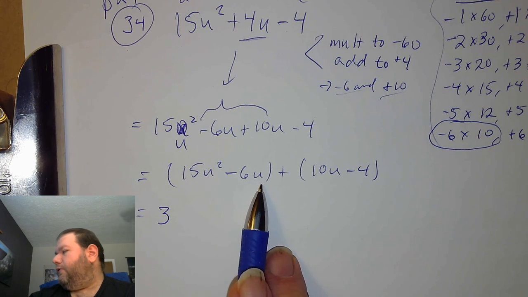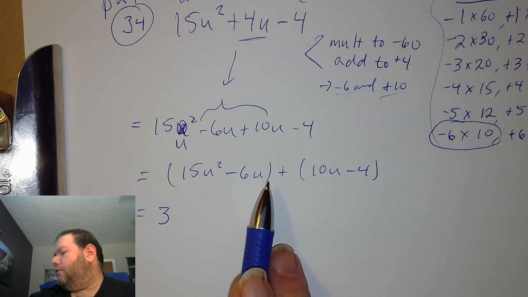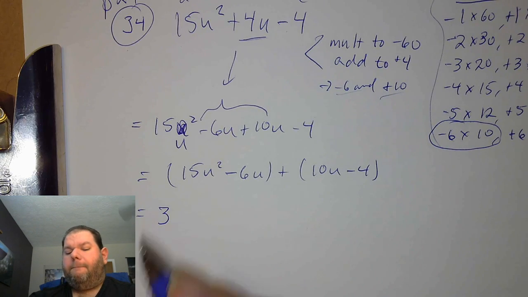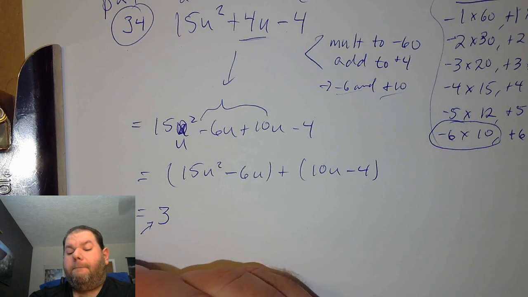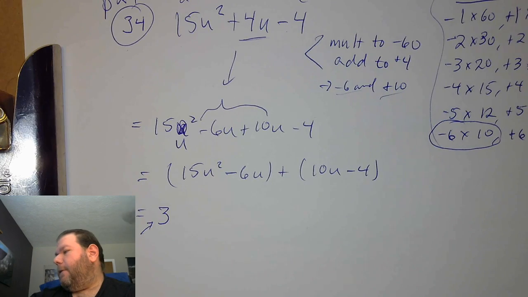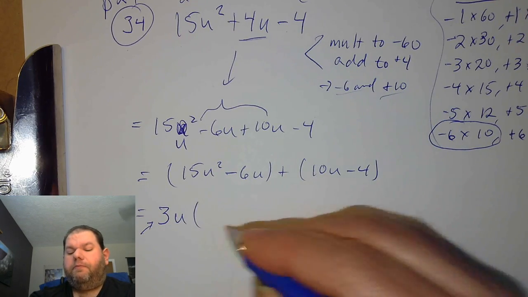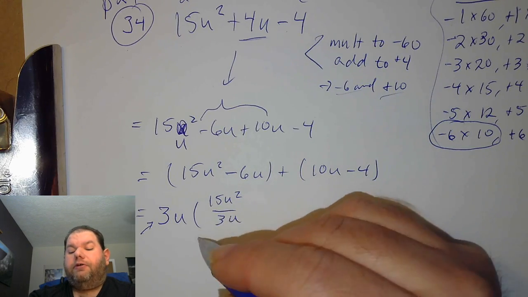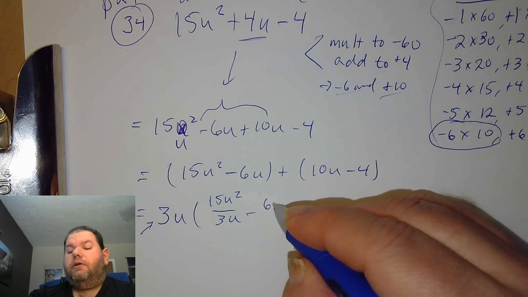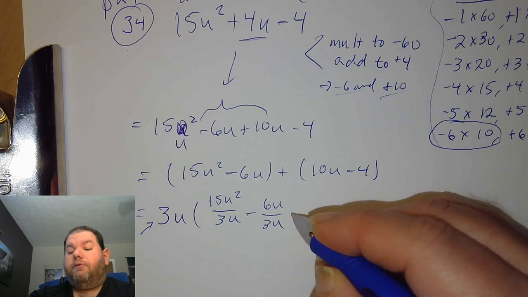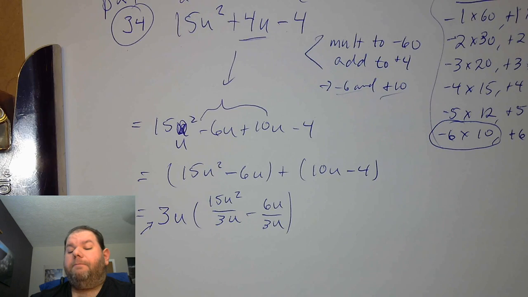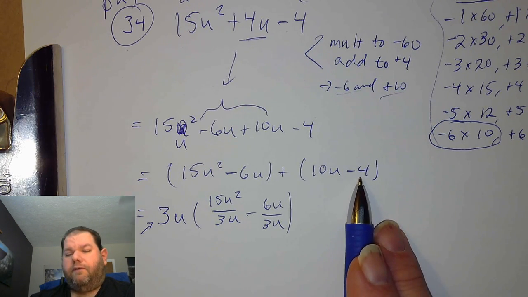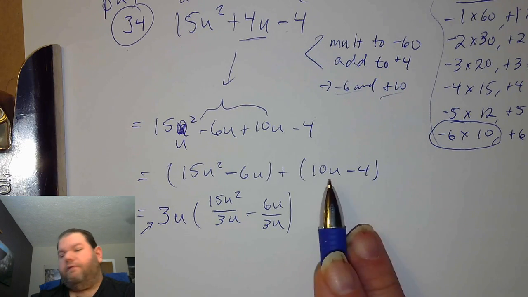What about the variables? A u? And so we'll take 15u squared divided by the 3u that we're factoring out. 6u divided by the 3u that we're factoring out. Okay. What about our second set of parentheses, 10u and a 4? Is there any number we can factor out of those two?